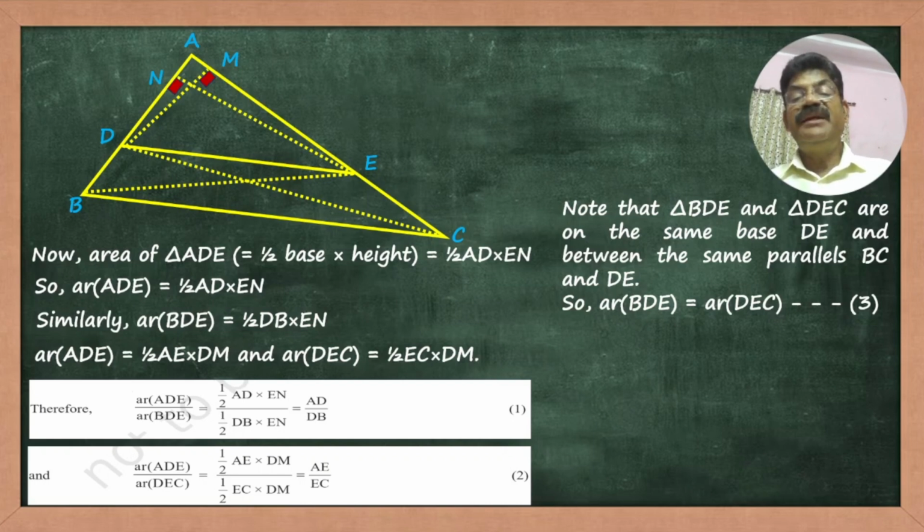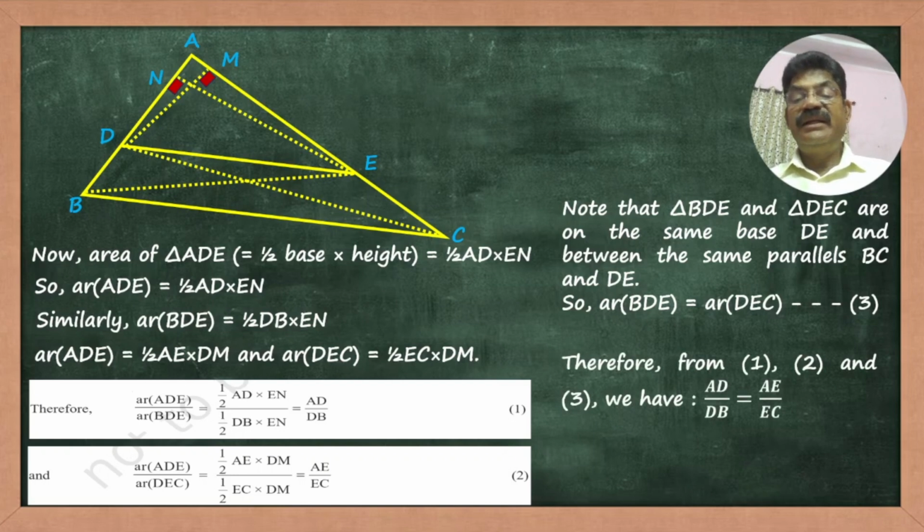Therefore, area of BDE is equal to area of DEC. Call this equation number 3. Therefore, from 1, 2 and 3, we come to the conclusion that AD divided by DB is equal to AE divided by EC, which is a wonderful result in triangles. So, you have to remember this. Understand the concept and remember the result.